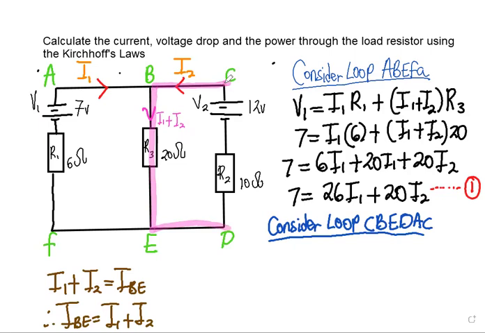You must be careful with that. So here we are having loop C, B, E, D, C. Yes, that is our loop, the one I've just highlighted, the purple one there.